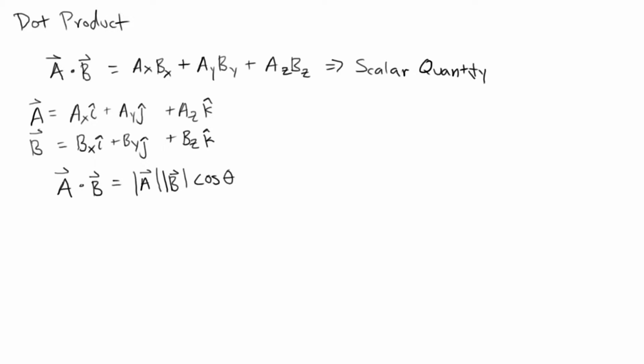So let's say we have a vector pointing in this direction, vector A, and then we have a vector pointing in this direction, vector B. The angle in between them is theta, which can be useful if you want to find the angle between two vectors, two arbitrary vectors.